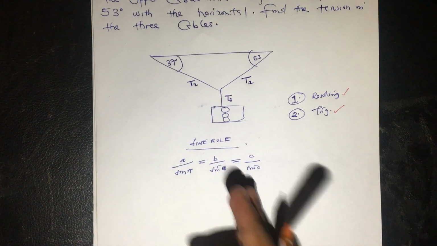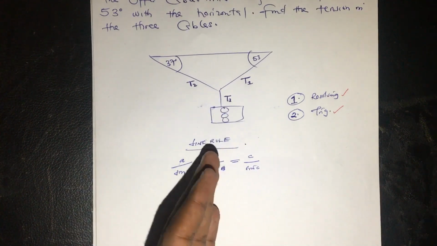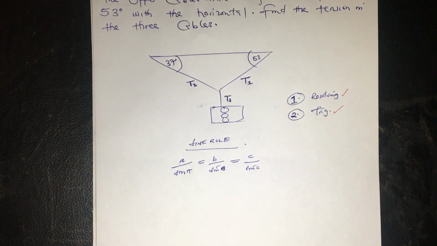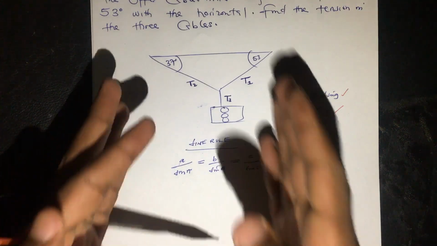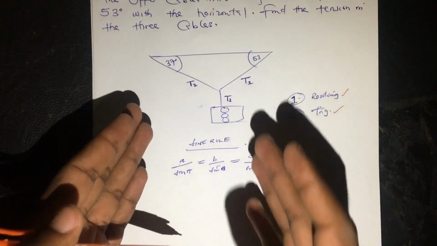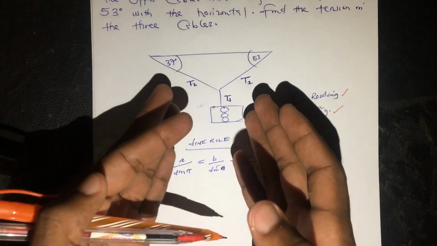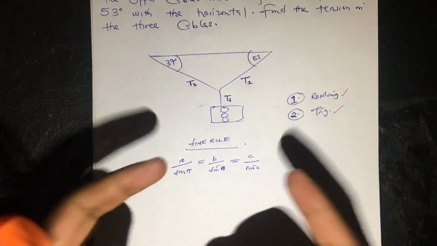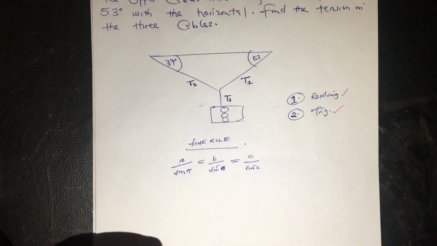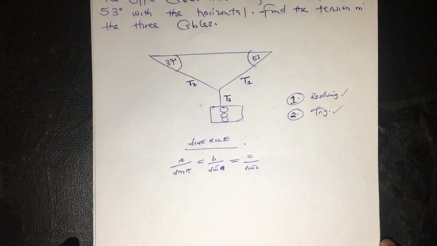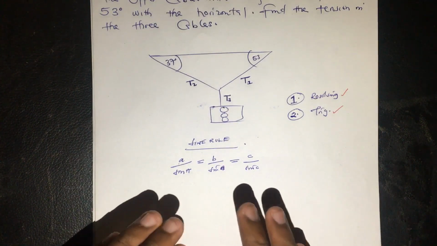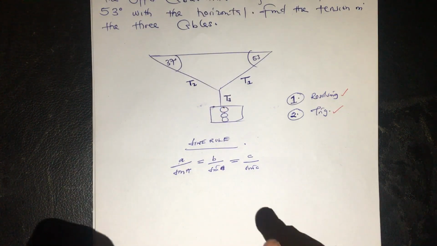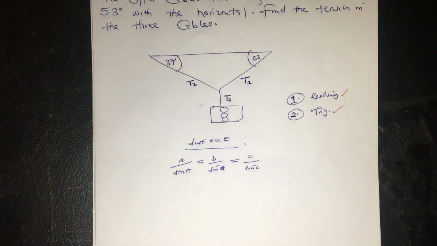That means this is supposed to be equal to that, and this is supposed to be equal to that. So this formula also applies to that problem. So how can we now apply this law to this question?